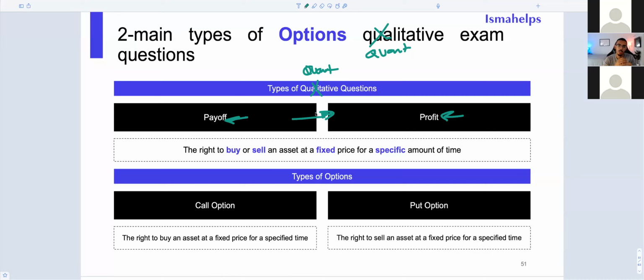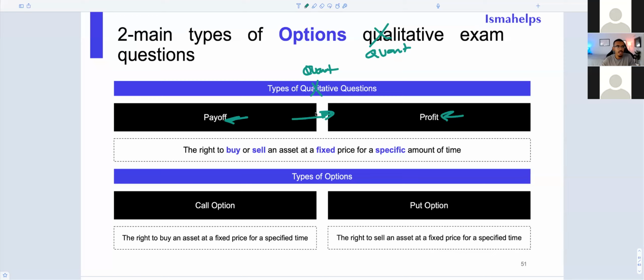There are two types of options. One is a call option, which is the right to buy an asset at a fixed price for a specific amount of time. And then there is the put option, which is the right to sell an asset at a fixed price for a specified amount of time.